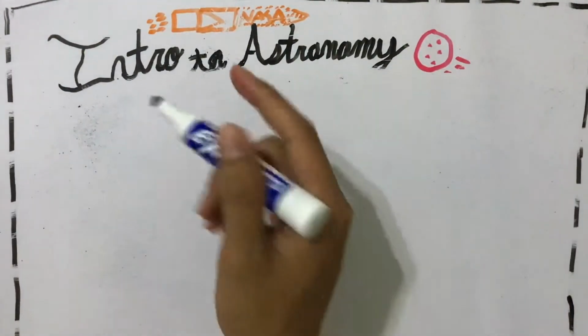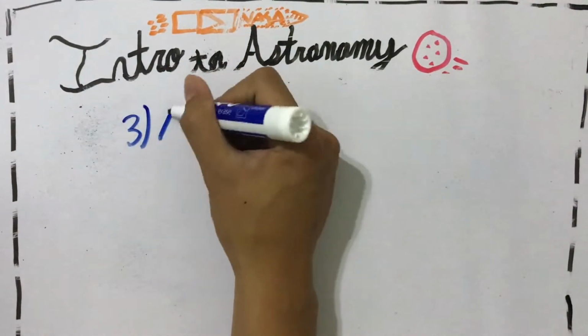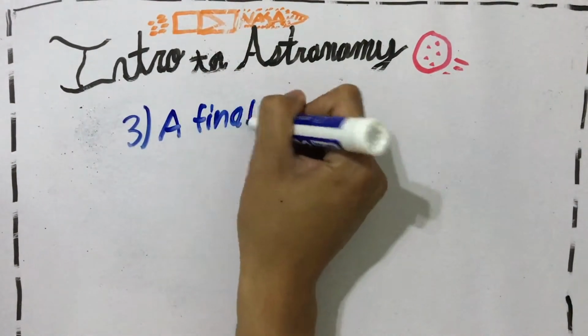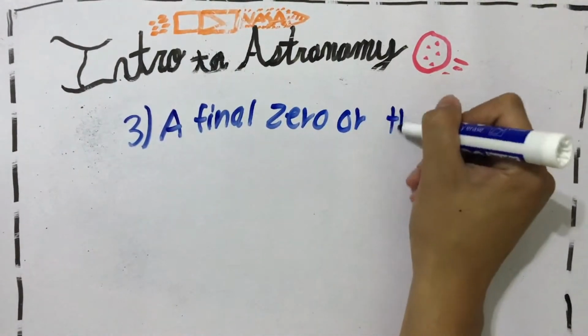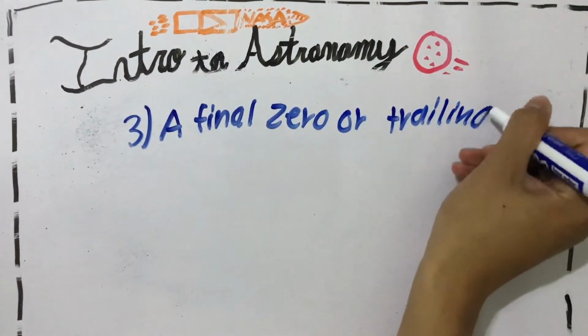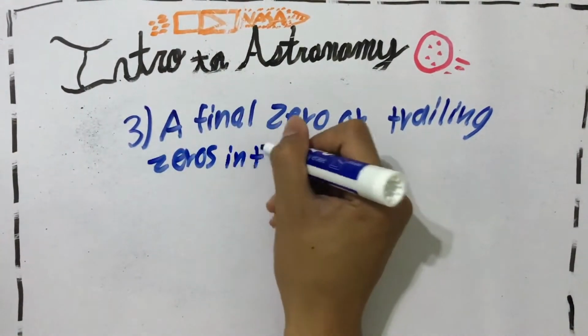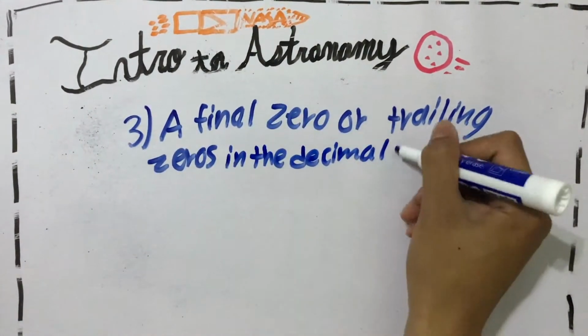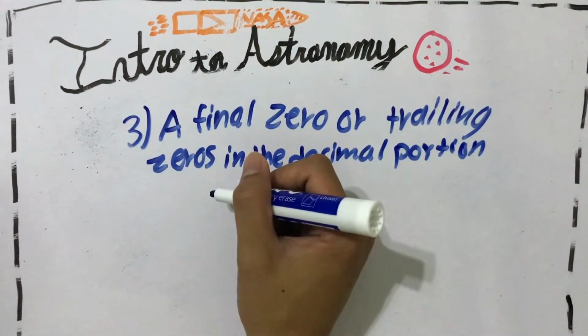So the third law is that a final 0, or trailing zeros, in the decimal portion are only significant.